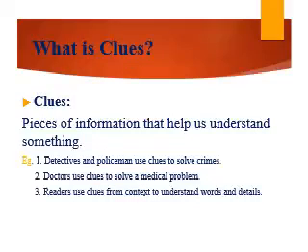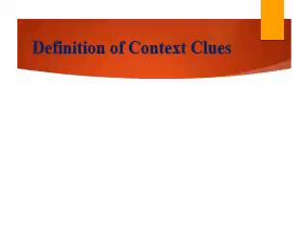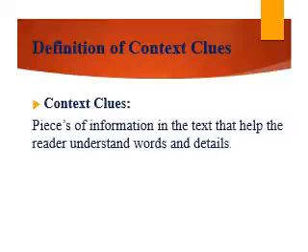Three, readers use clues from context to understand words and details. Definition of context clues: context clues are pieces of information in the text that help the reader understand words and details.